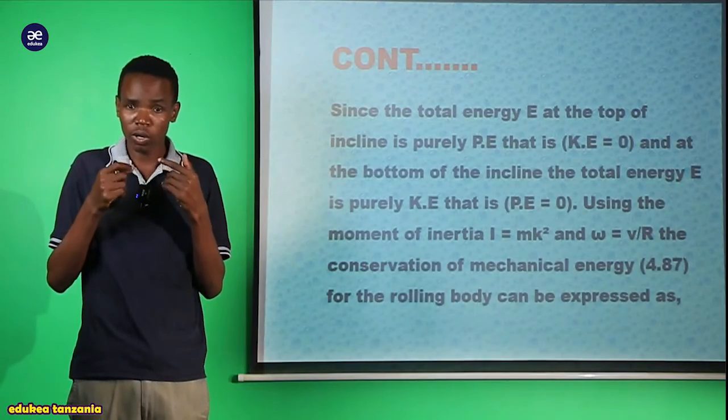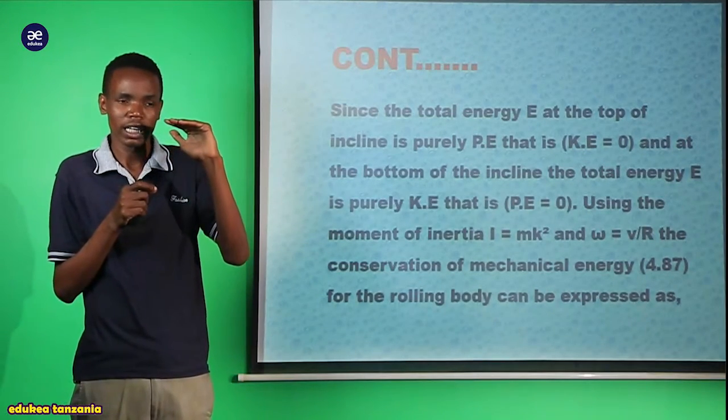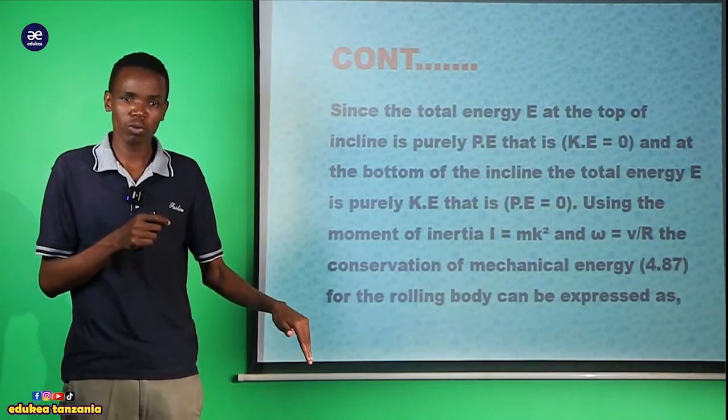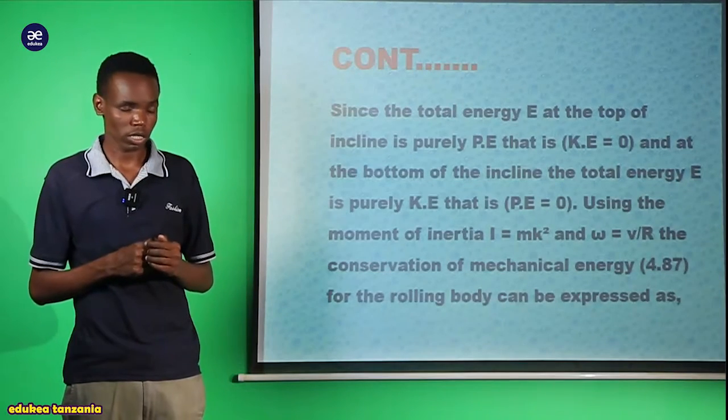Kwa sasa tukitembea na hiyo idea kwamba at the top potential energy anapatikana lakini kinetic energy ni sifuri, na at the bottom yule kinetic energy anapatikana lakini potential energy anakuwa ni sawasawa na sifuri.